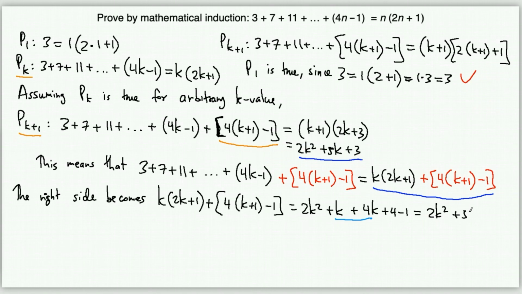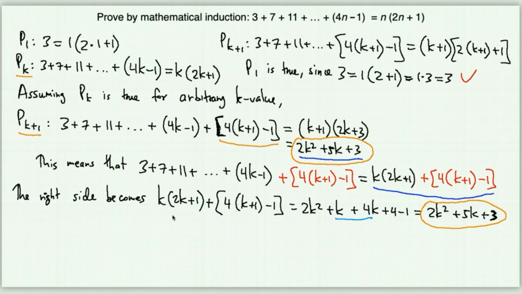Plus 5k, 4 minus 1 is 3, right? So bingo, look what happened. We indeed showed that the right sides match. These two sides match.